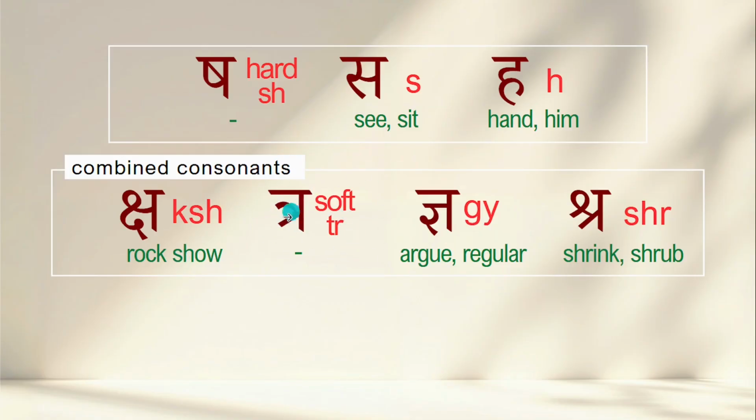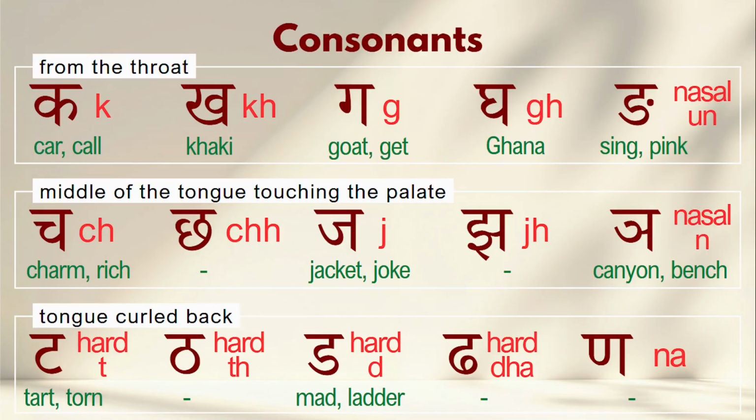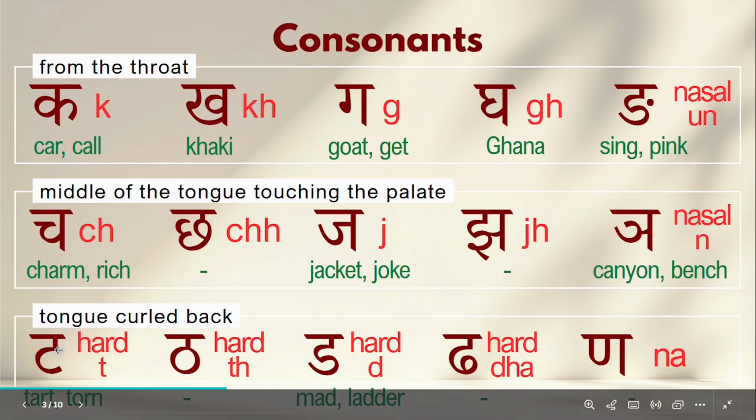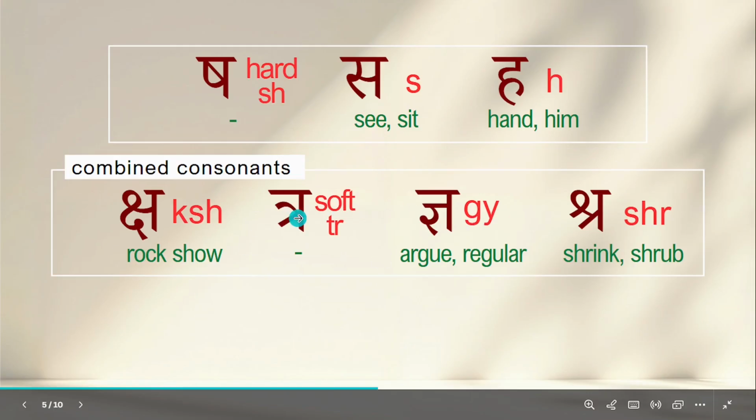Now, when you say the word tree in English, that's a hard T, right? That ta is not the one which is used here. The ta which is being used here is this soft ta, and the ta used in tree is this hard T. So here the soft tra.